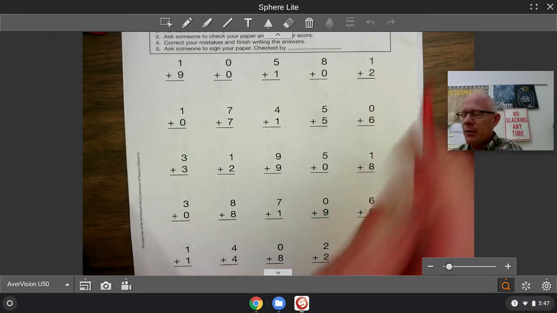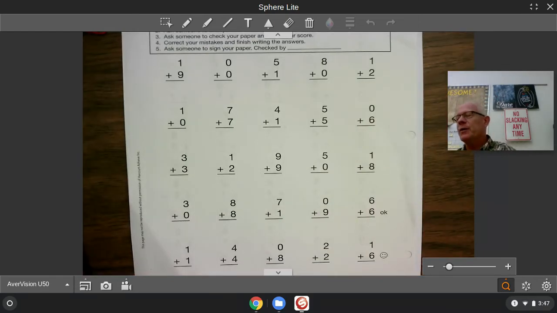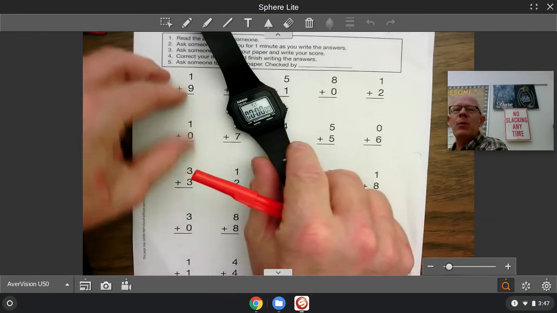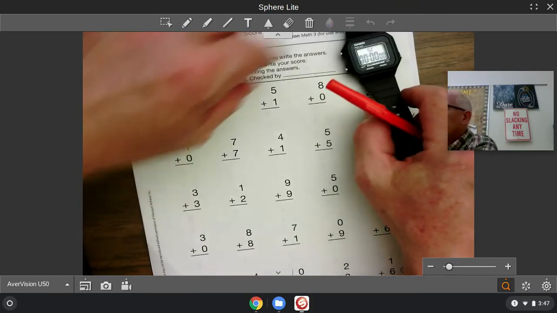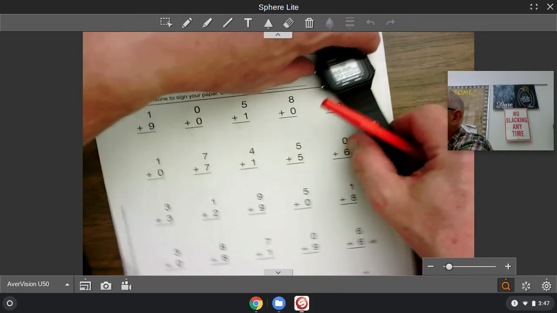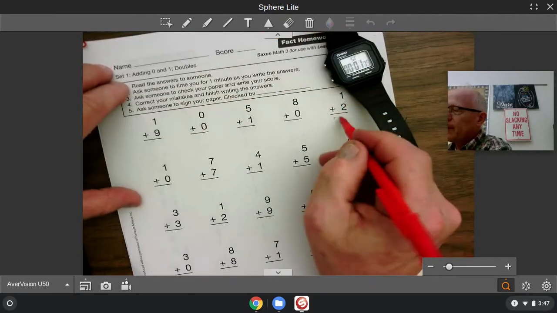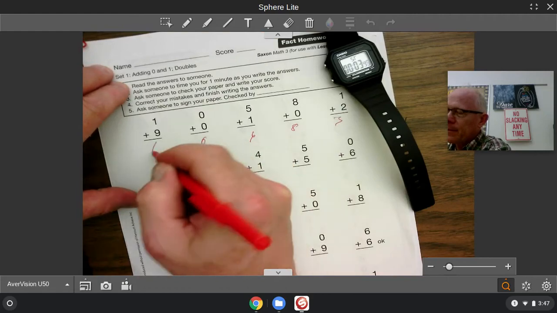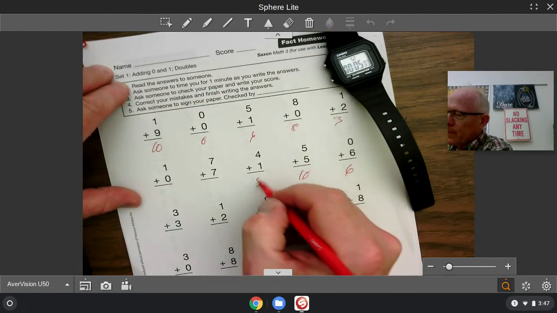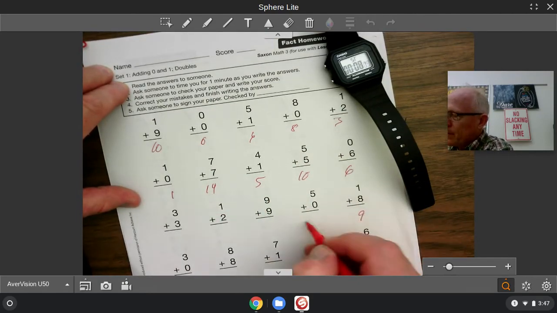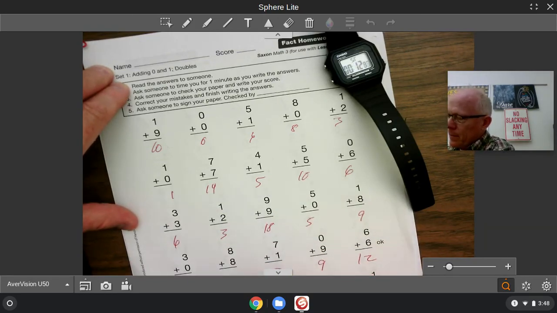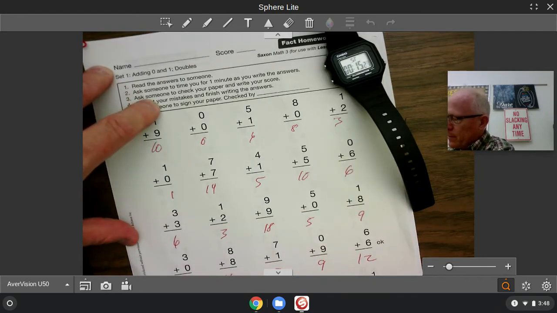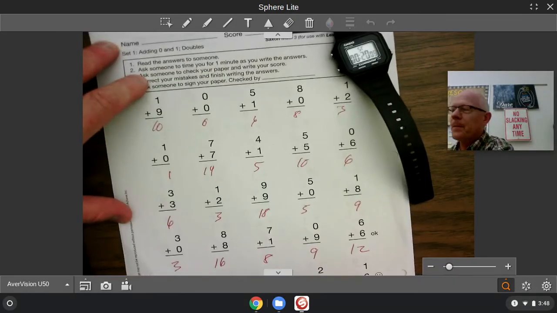So if I would do this, watch. I'm going to take off my watch. See my watch? 0, 0. I'm going to put it right here, and I'm going to start it and see how fast I can do it. Stop, 17 seconds, right?